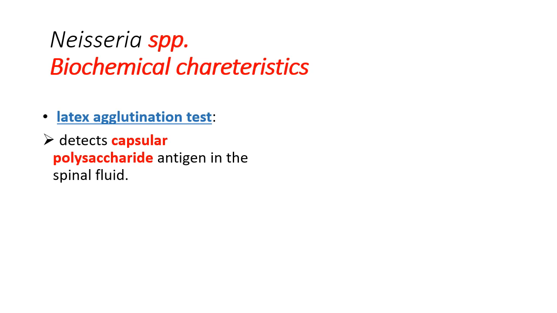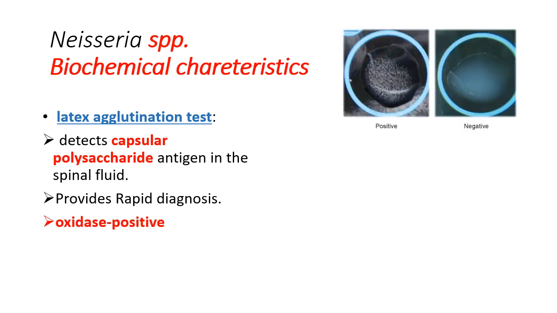So we take specific amount of cerebrospinal fluid, and then just a drop. You add these antibodies, and then the antigen is going to be detected in the spinal fluid. And what happens is that it's a very rapid result. It will give you agglutination.